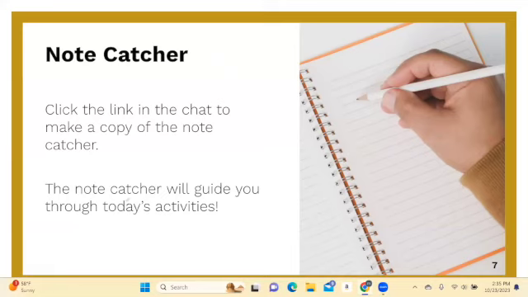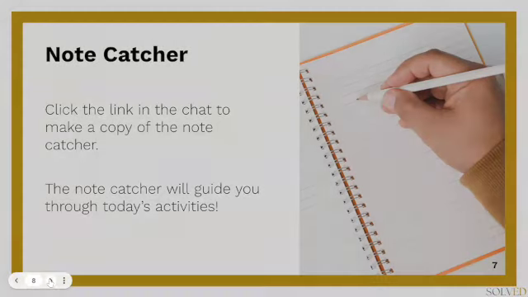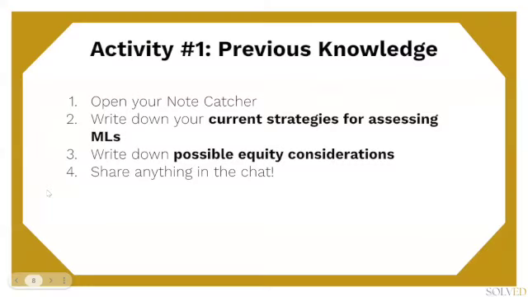If you can go right ahead and get that open, we're going to jump right into our first activity using this note catcher. So on your note catcher, for our first activity, we're going to take a look at what you're currently doing. This is an independent activity just to get you started thinking about your experiences, what you're doing in the classroom. We'll take about 2 or 3 minutes here.